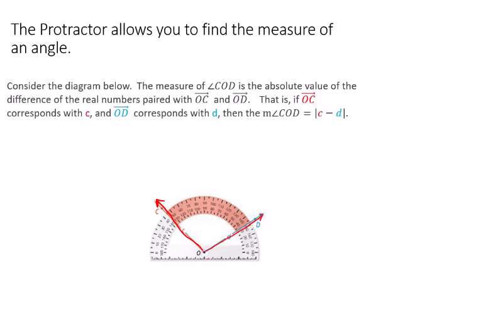Okay, so here in the wording, we're using C for the real number that corresponds with ray OC, and lowercase d for the real number that corresponds with OD. So if you subtract those values in absolute value, take the absolute value of the difference, then you get the measure of that angle. Okay, so that's how we measure angles.